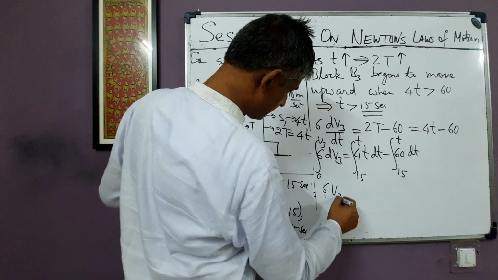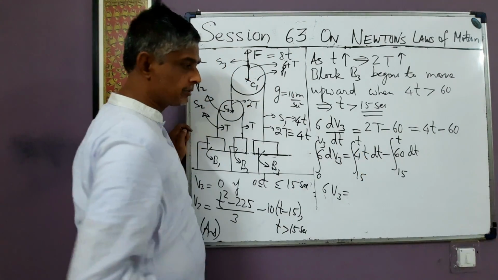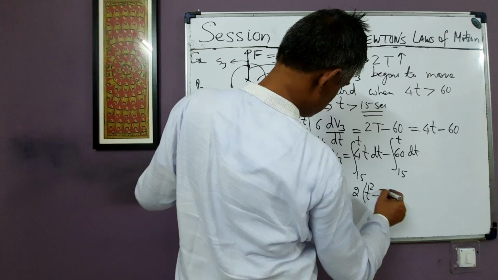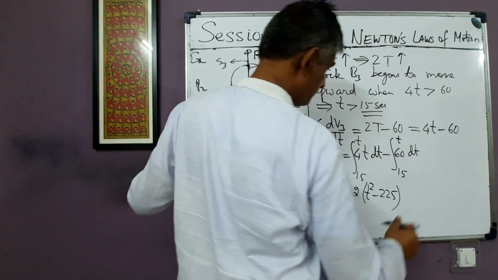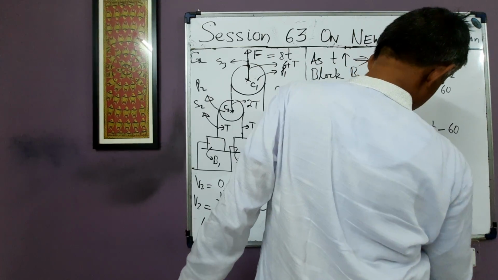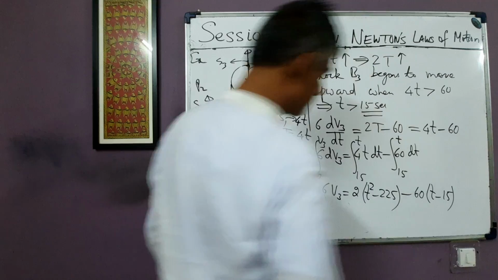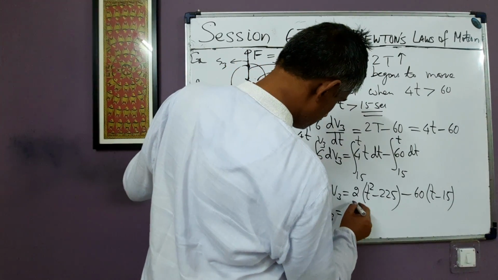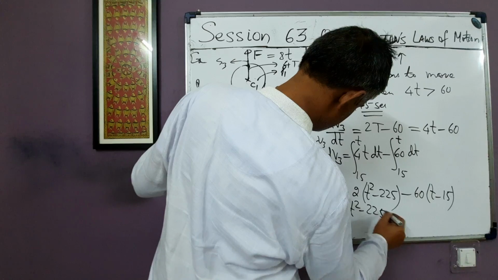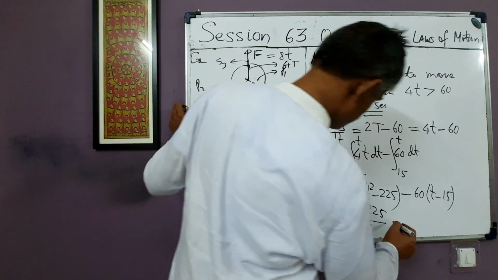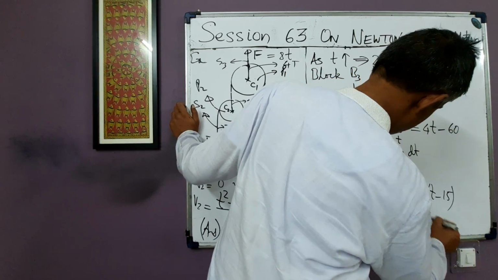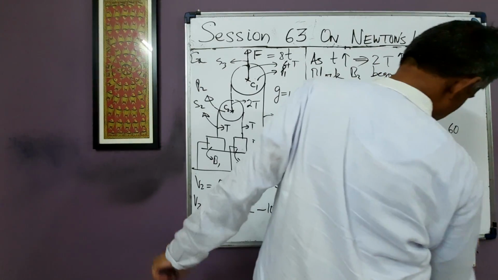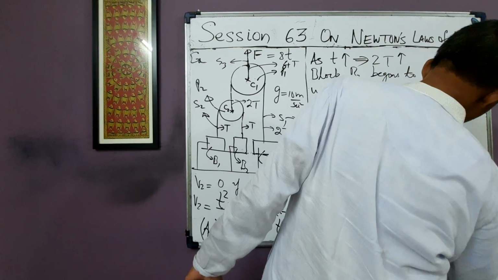This I integrate: 6 v3. 40 dt integrated becomes 2t square, t square minus 225, and 60 times t minus 15. This is v3. On dividing both sides by 6, v3 equals t square minus 225 by 3 minus 10 times t minus 15. This is valid only so long as t is more than or equal to 15 seconds.